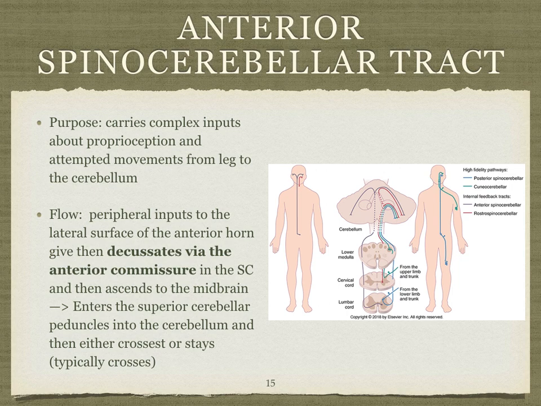Then it can do one of two things. Majority of the time, what it does is it comes through the superior cerebellar peduncle. Then it crosses back dorsally behind the structure and then synapses on the same side of the cerebellum. So usually it crosses back over, so it's maintaining that same-sided or ipsilateral information.